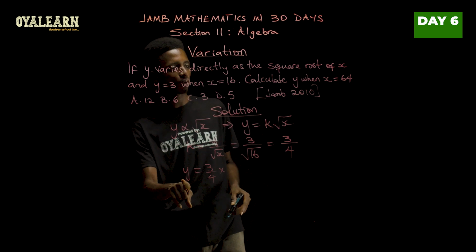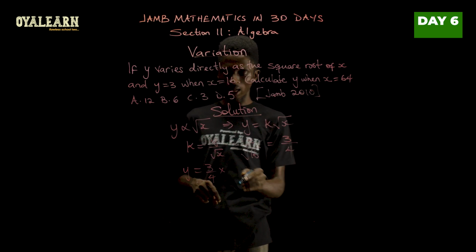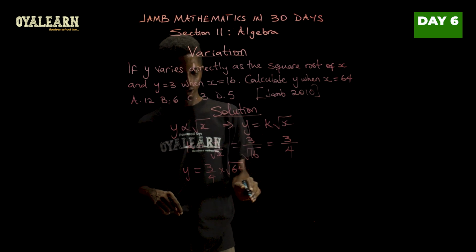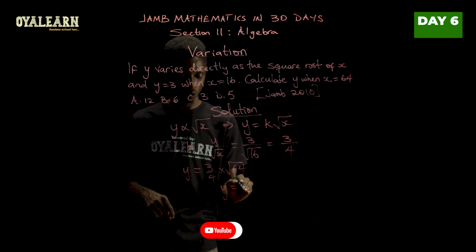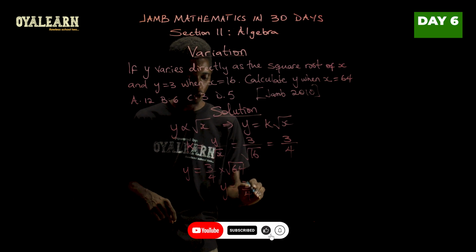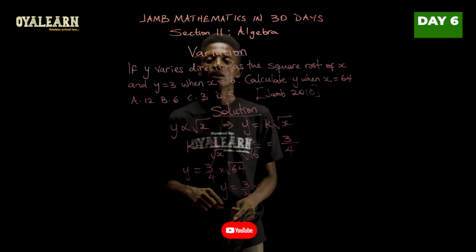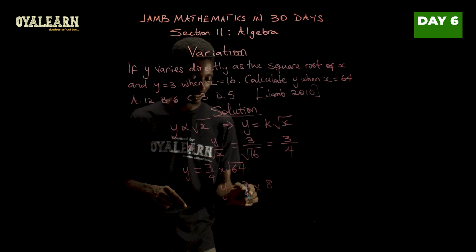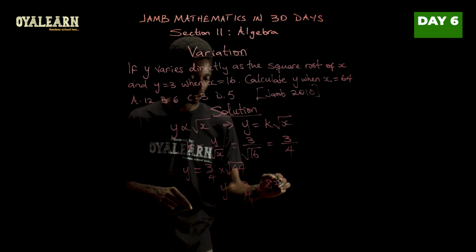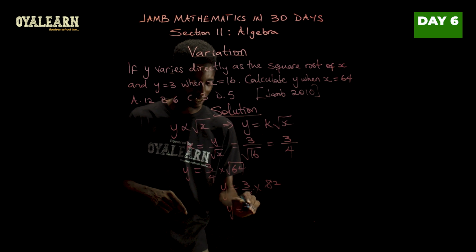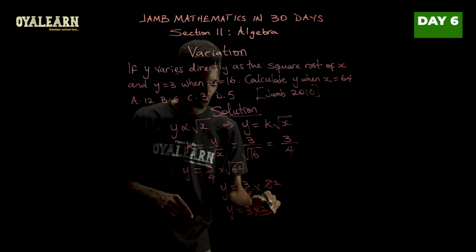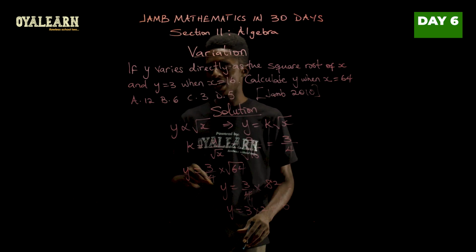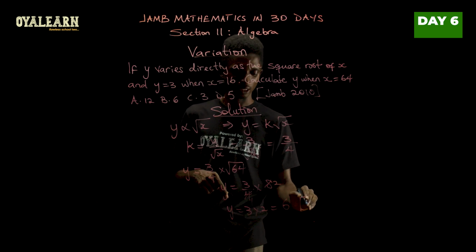Since we are looking for y, we apply the square root of x, which is 64. Therefore, y equals 3 over 4 multiplied by the square root of 64, which is 8. Then we can break this by saying 4 into 4 is 1, 4 into 8 is 2. So y is 3 times 2, which gives us 6. So the correct answer is option B.